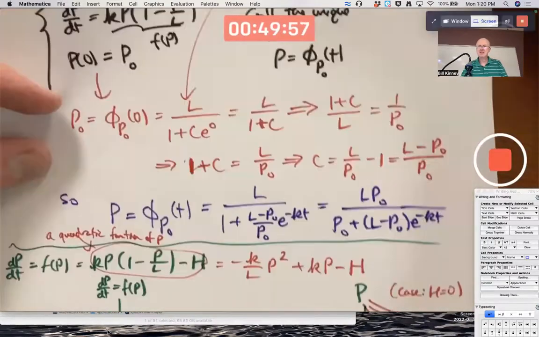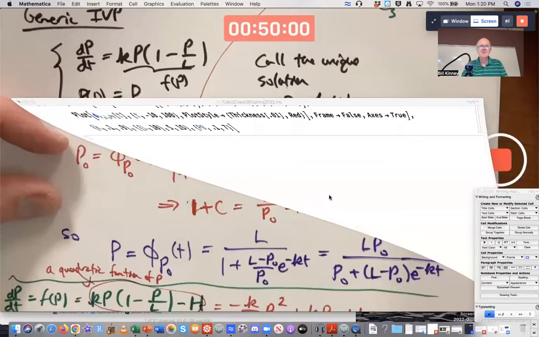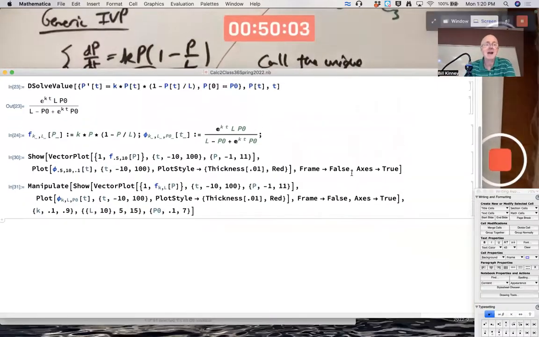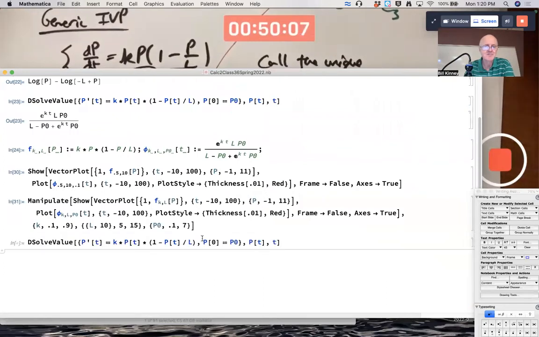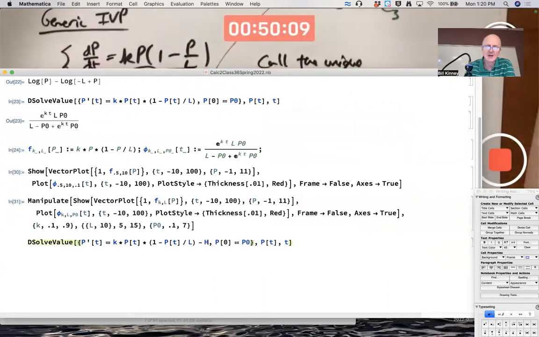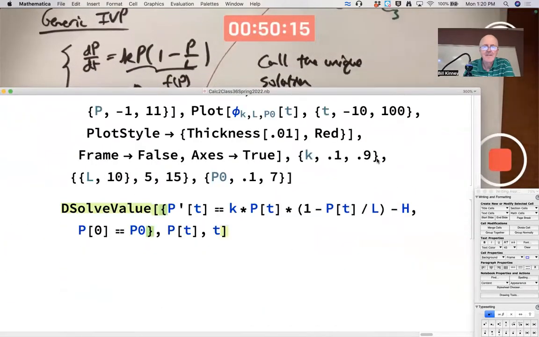Can Mathematica solve it when there's harvesting? I was surprised by this when I initially tried it. It actually can. If I put a minus h in here, right there, it can actually solve it. It's not very pleasant looking.